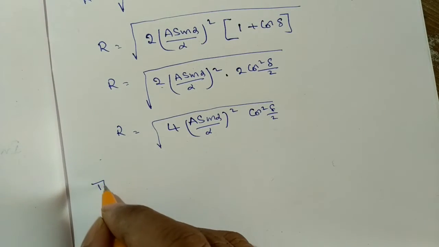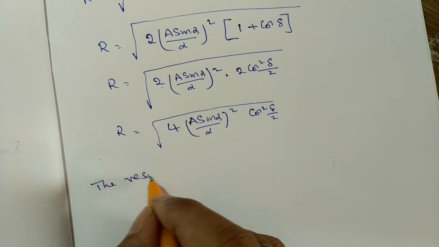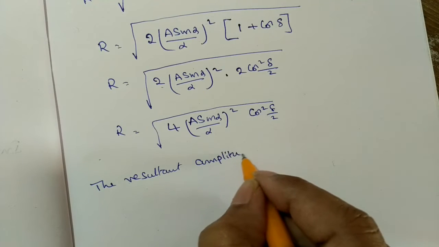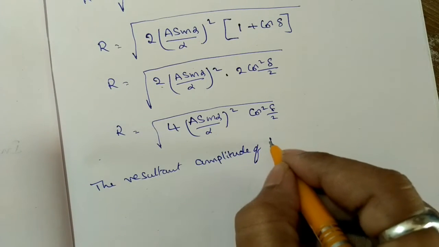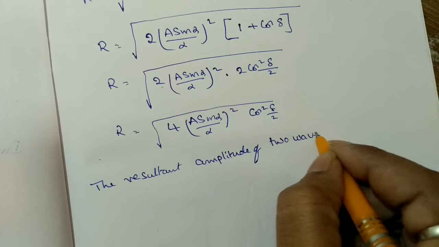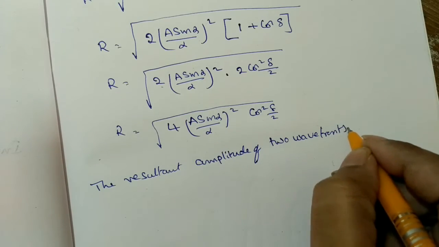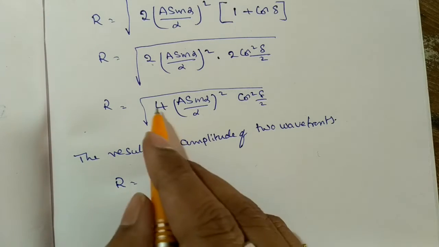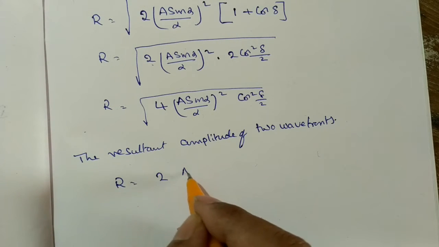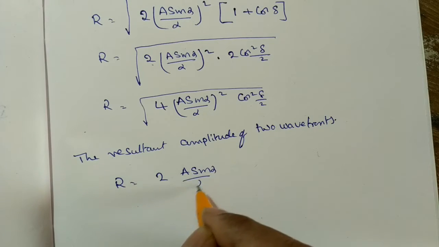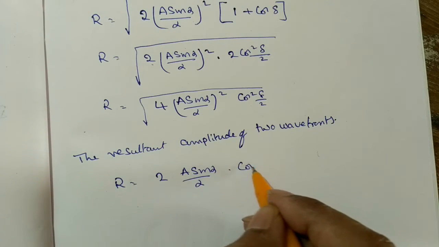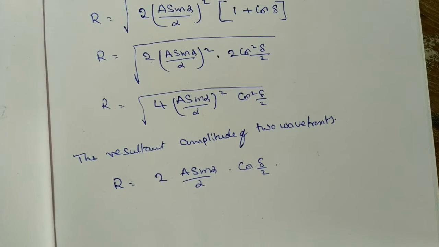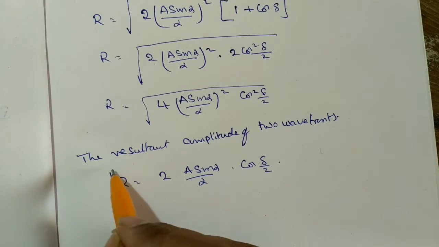Then the resultant amplitude of the two wavefronts will be R is equal to 2 a sin alpha by alpha into cos delta by 2. This is the resultant amplitude of the two wavefronts.